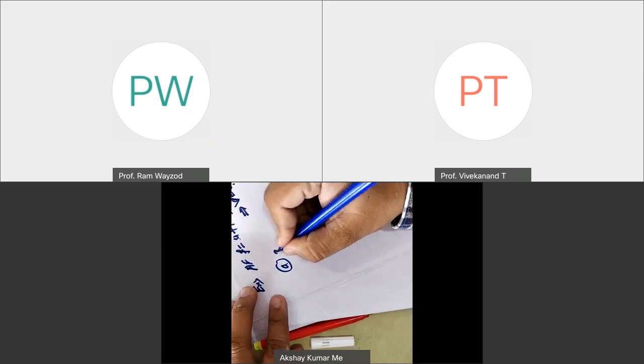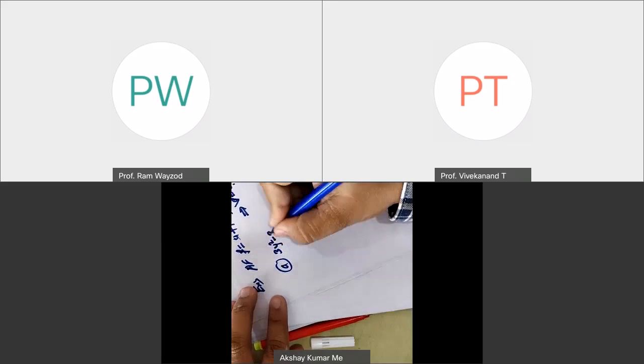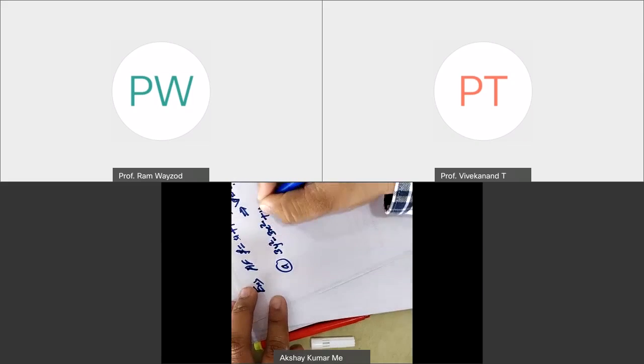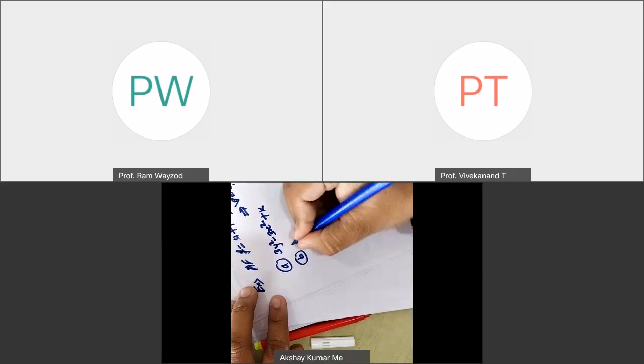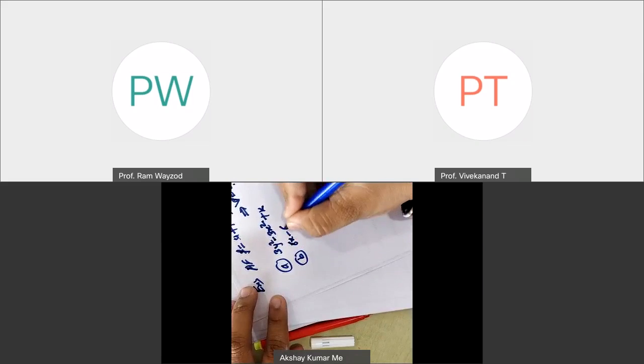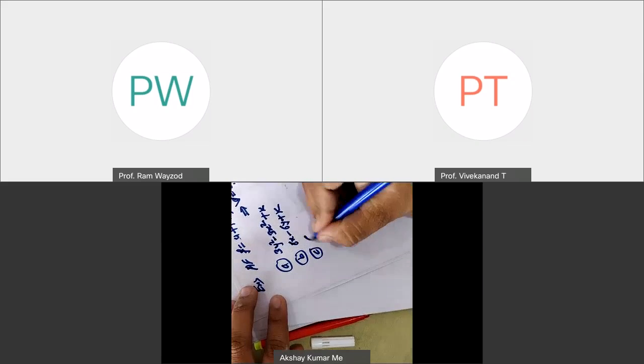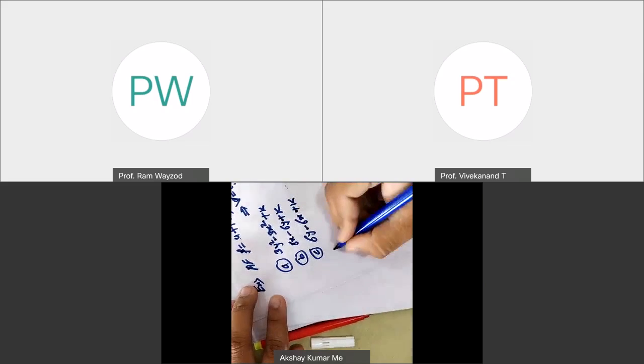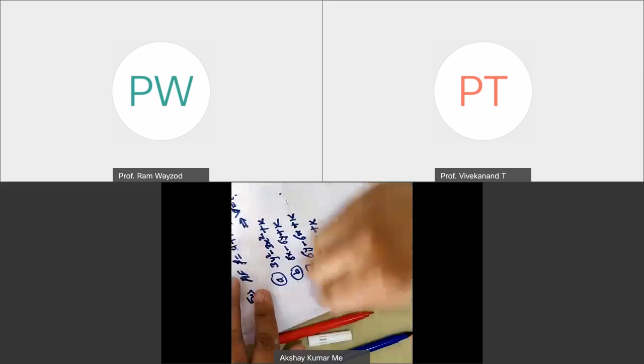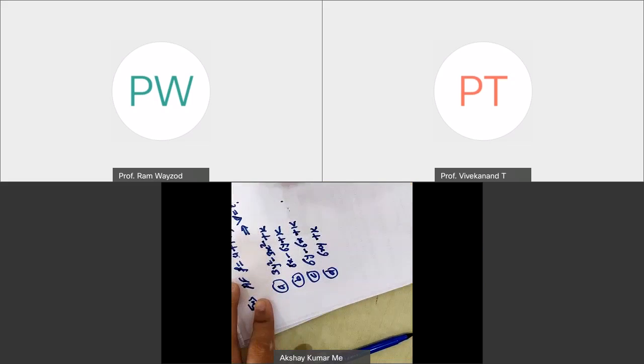The options are: a) 3y square minus 3x, b) 6xy plus k, c) 6y minus x plus k, d) 6xy plus k. This question was asked in GATE for 2 marks.